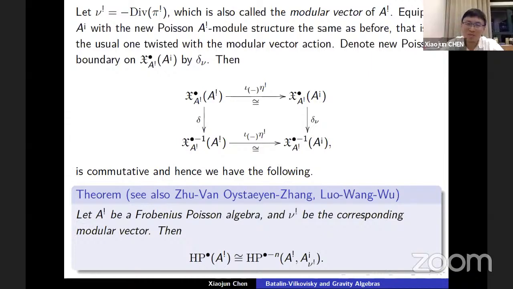I don't know. Probably. You see, I just, probably, but I don't know this notion. Here it's just the linear dual of A itself.